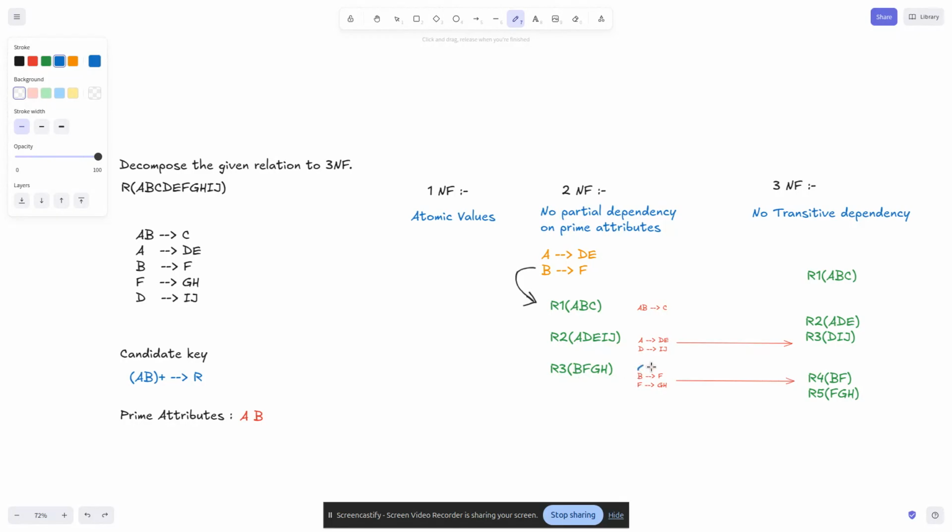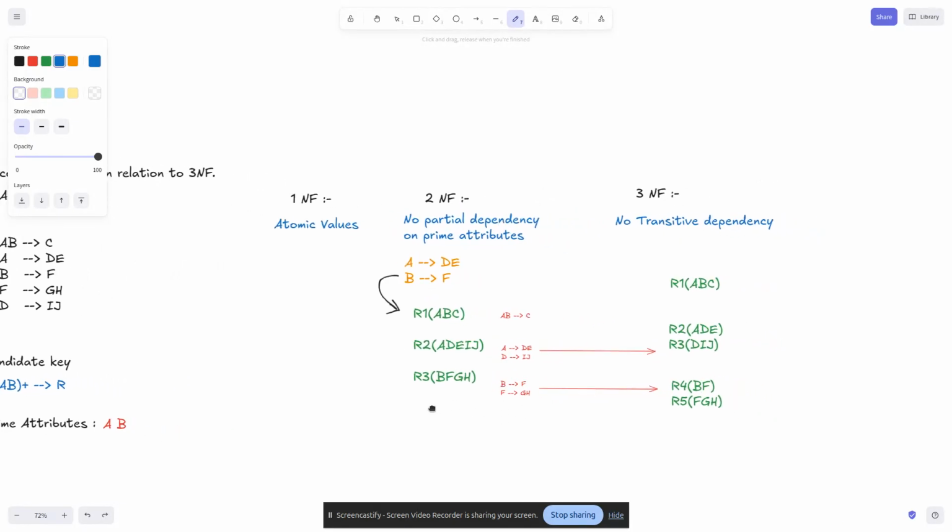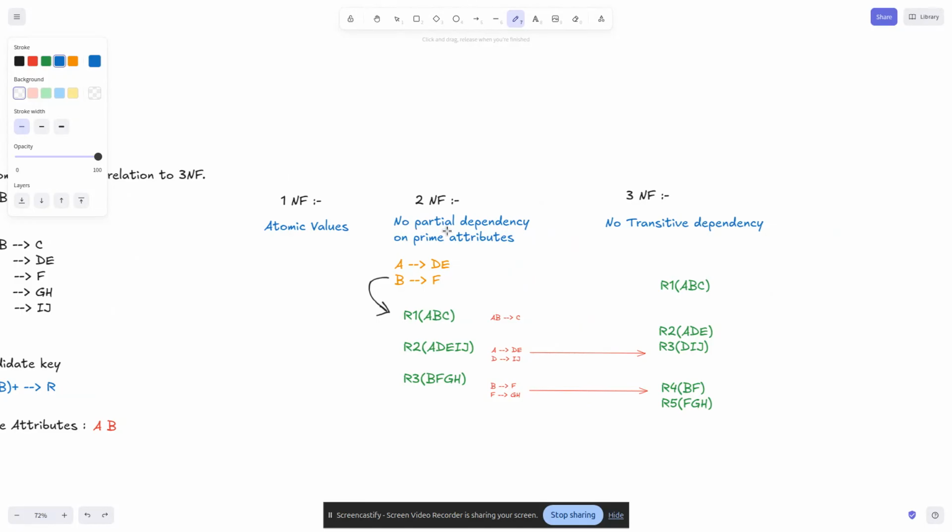Similarly, using B, we can determine F, and using F, we can determine GH. Therefore, B, F, GH are in one relation, and the remaining attributes A, B, C, that is AB determining C, are in one relation. So we have successfully converted the given relation into 2NF by decomposing the given table into smaller ones. The condition that no partial dependency exists is now satisfied.